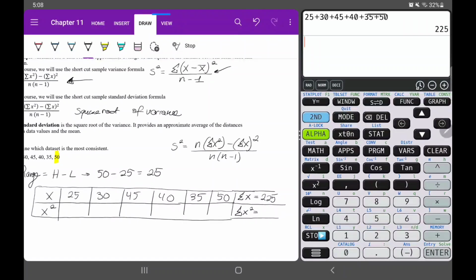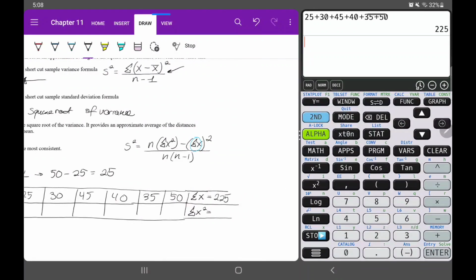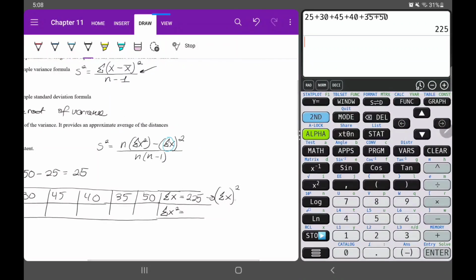Now, if you notice in my formula, it says right here, it's the sum of my data being squared. So to find the sum of my data being squared, we're going to square 225. So square your 225.